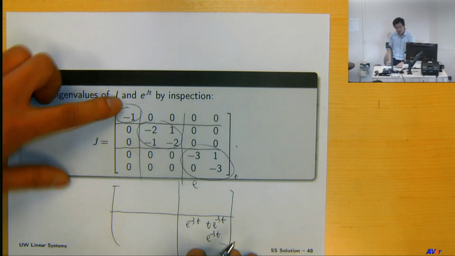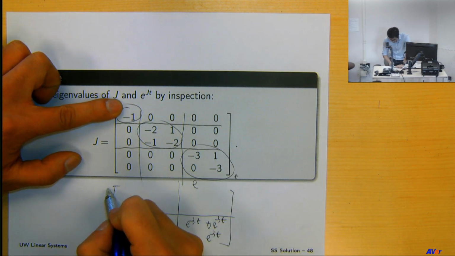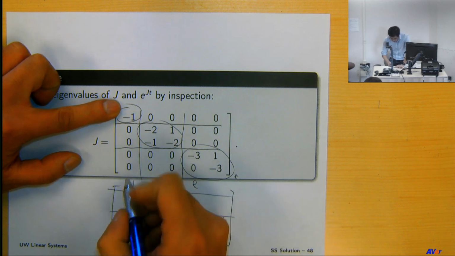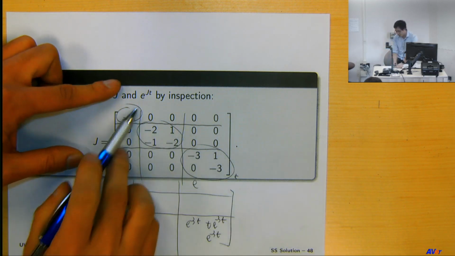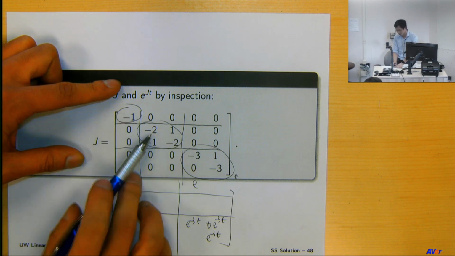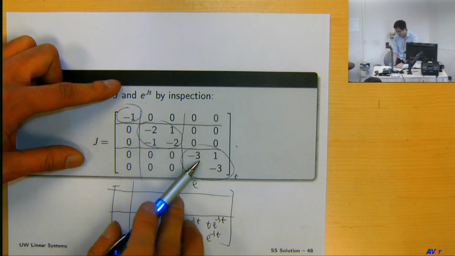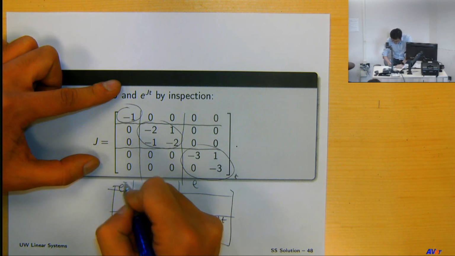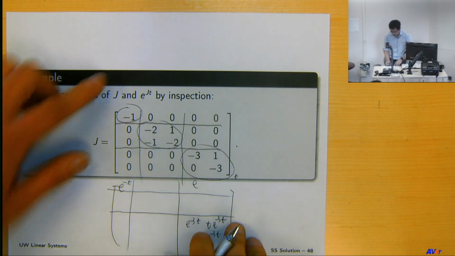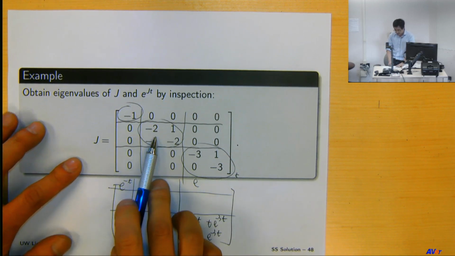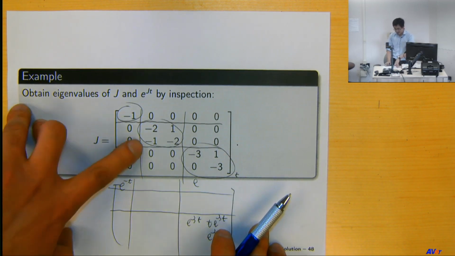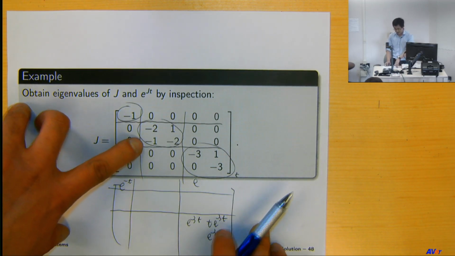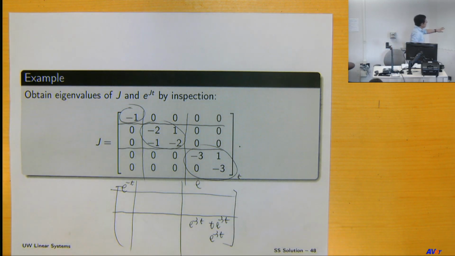Now, for the first block, it is also easy. This is like this. You can treat the whole thing as a diagonal matrix of 3 individual blocks combined together. So it's e^{lambda 1 t}, which is -1. So for this one, this is a modified form, canonical form. This is this form.